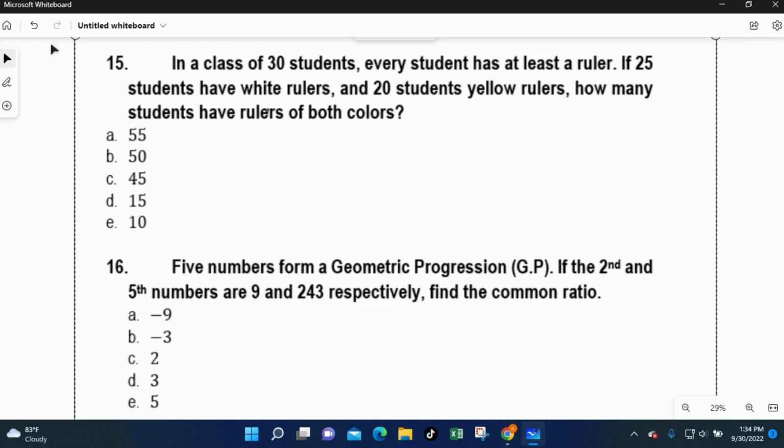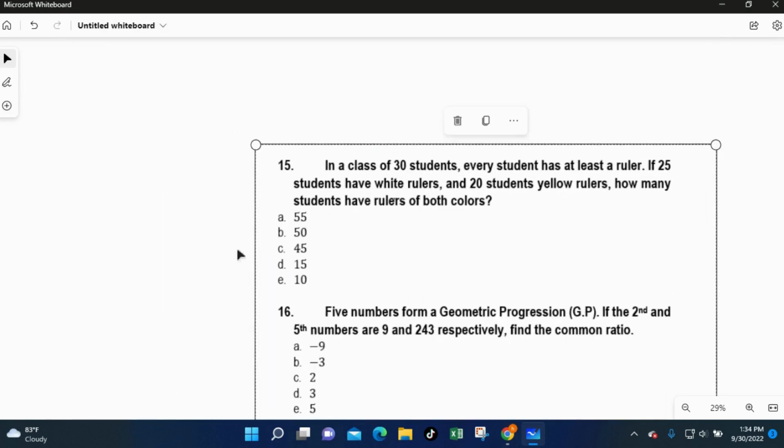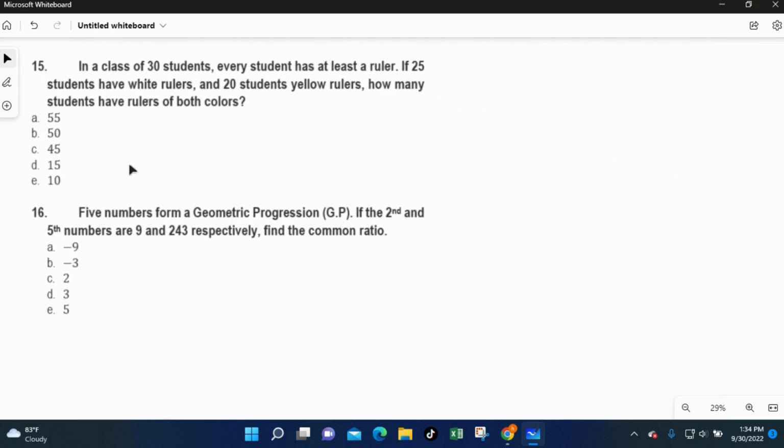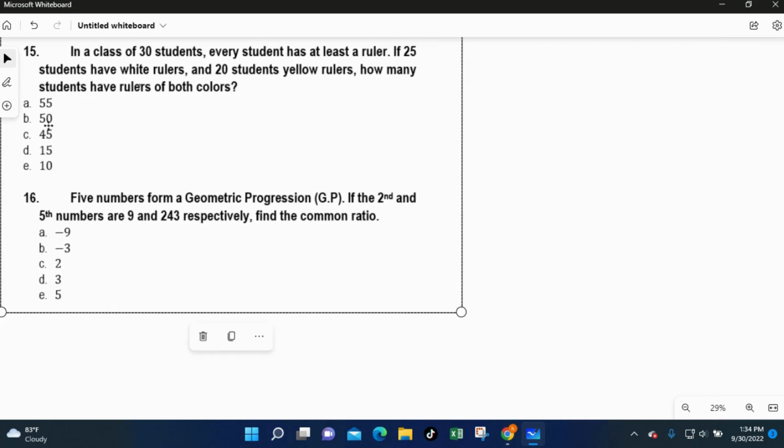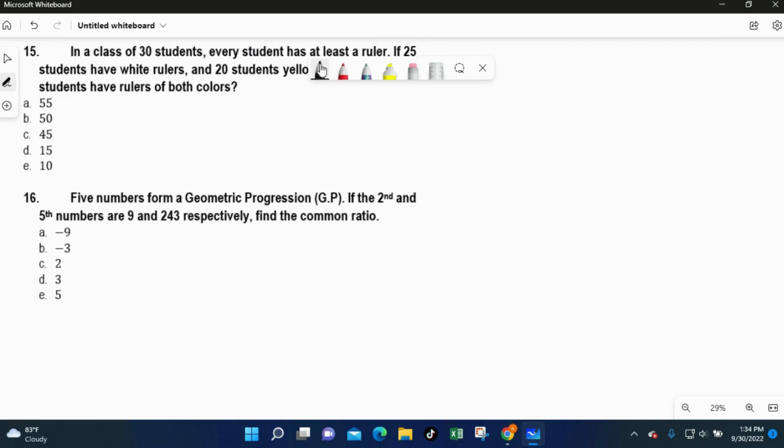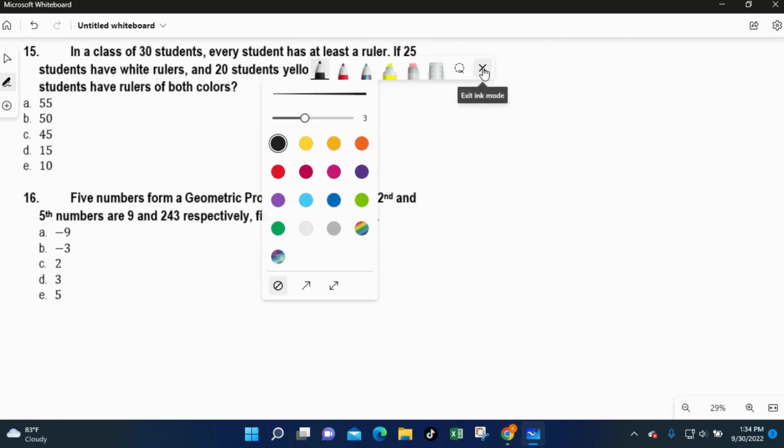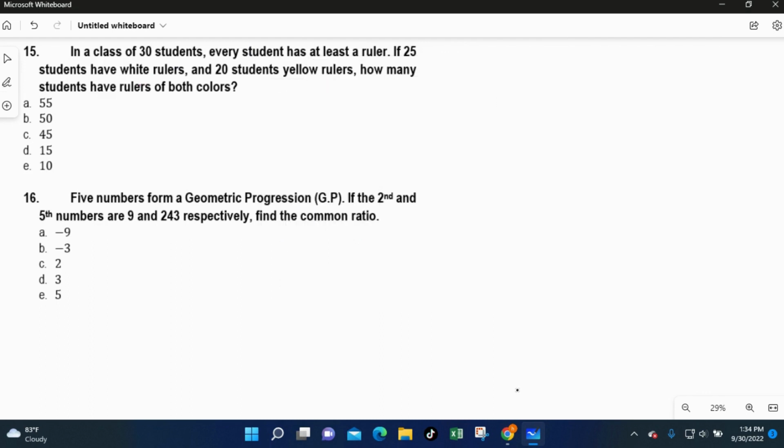Now let's go straight and see how we can get the solution to these two questions. To solve this question, the first thing we need to do is to draw the set diagram. Once we draw the set diagram, we can isolate all the parameters.